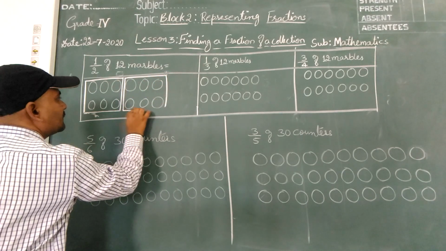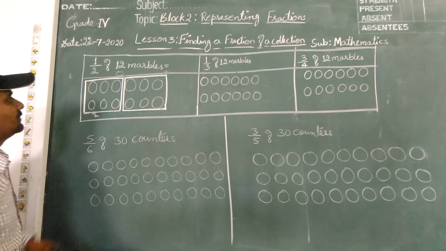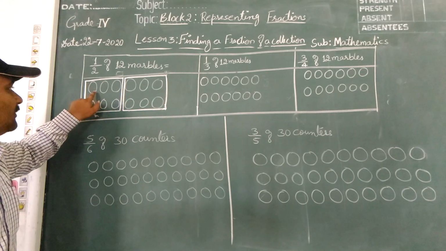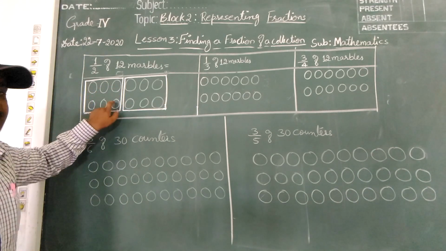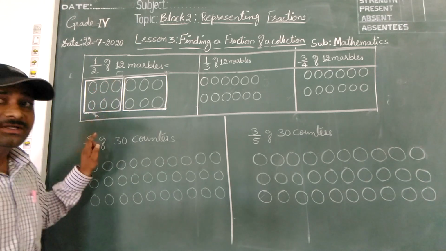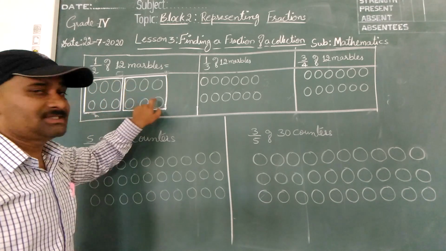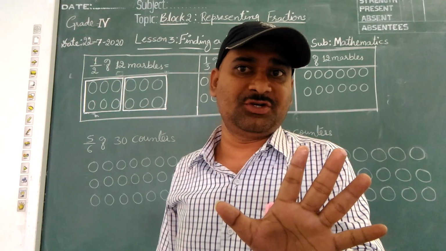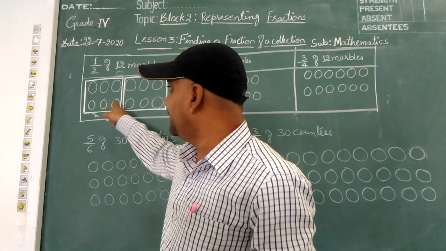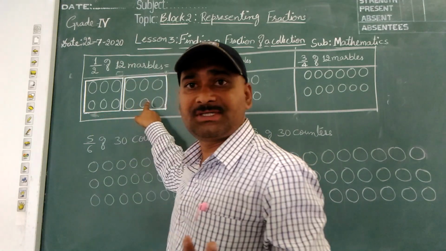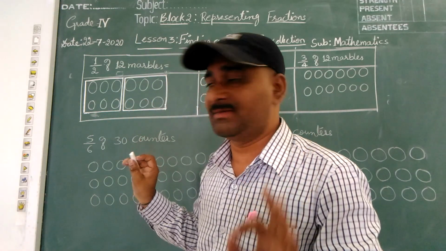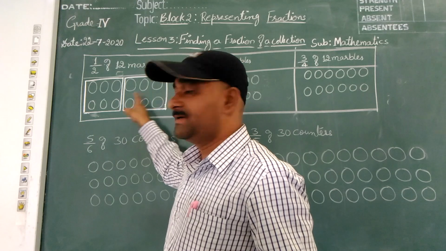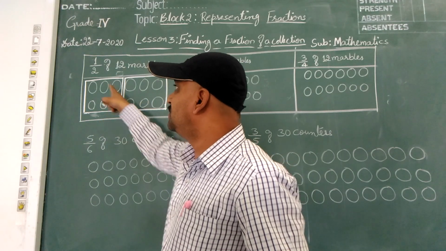Understood children? 1, 2, 3, 4, 5, 6 marbles in one group, and 1, 2, 3, 4, 5, 6 marbles in the other group. In the groups, the same number of things should be there. 6 here, 6 also here. Same number of marbles, 6 and 6. So the total number of groups is 2.